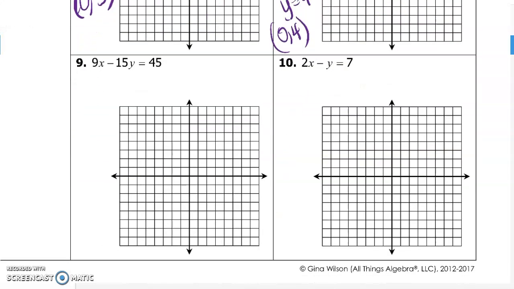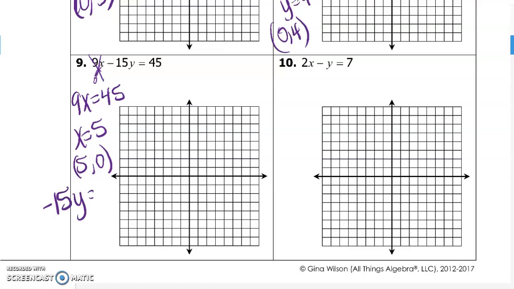Number 9, first I'm going to plug 0 in for y, which makes it go away. 9x equals 45. So we divide and get x equals 5. So 5, 0 is our x-intercept. Then we go back up here, plug 0 in for x, which makes it go away. Be careful here.